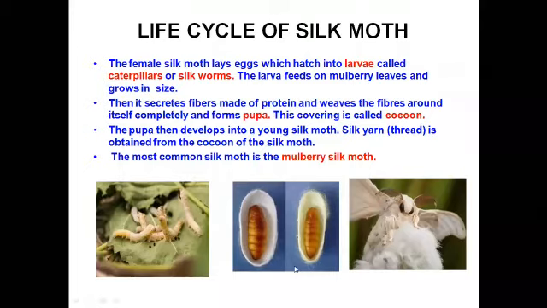You can see in the second picture. These are the cocoons which are formed from the protein-like substance excreted from the mouth of the silkworm. One thing to keep in mind is that the caterpillar should be completely covered with that fiber to form a cocoon. At this stage, the larva or caterpillar inside the cocoon is known as pupa.